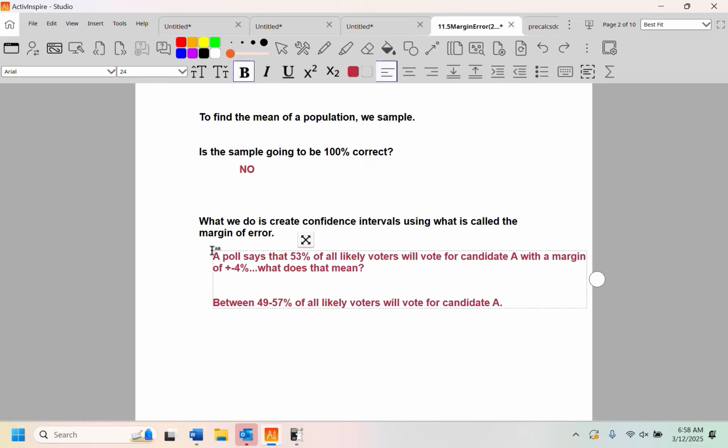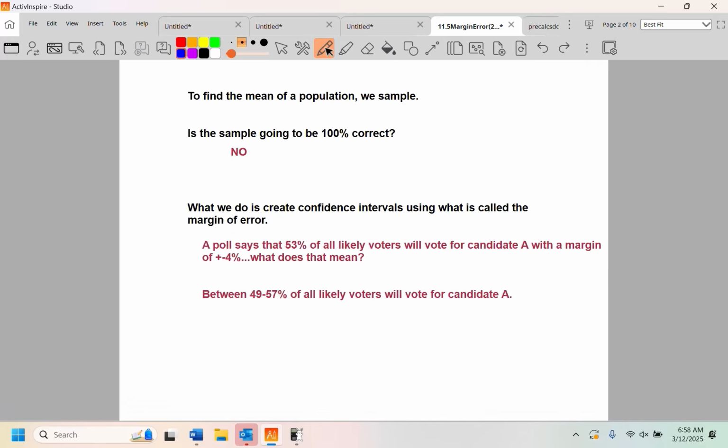So when we write these out in an algebra class or a stats class, we would write that interval from 49 to 57. The interval we write is the sample estimate, which is 53%, which we really shouldn't call X bar.